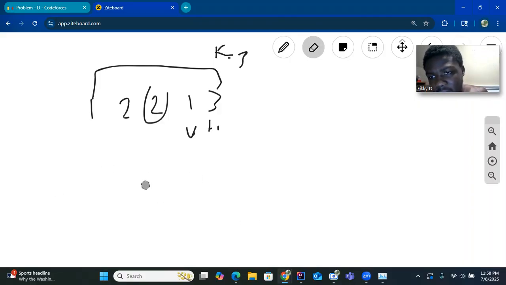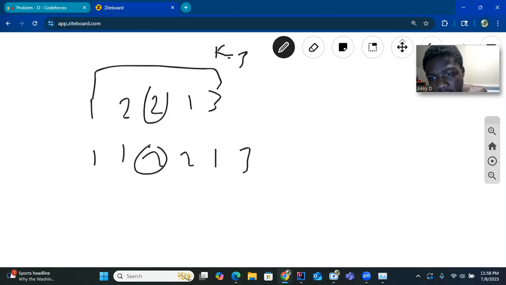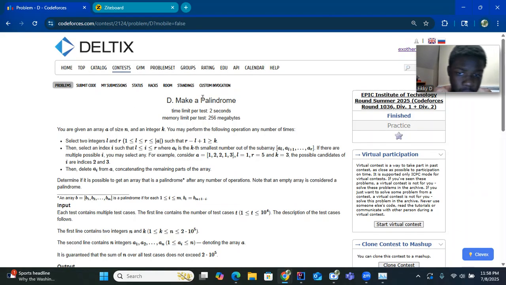But what this means is that you'll take your subarray, 1, 1, 2, 2, 1, 3, and you'll find the kth element. Anything with that value can be removed from your subarray, right? That's basically what this means.